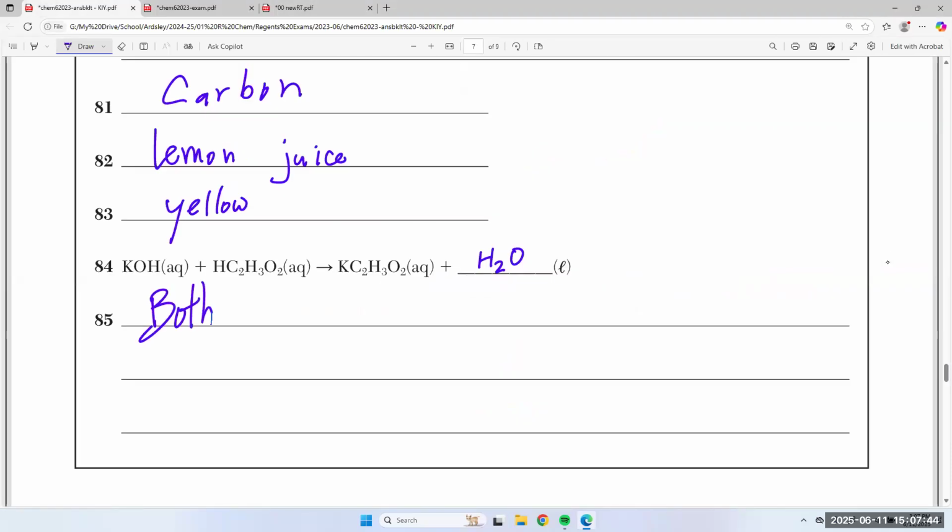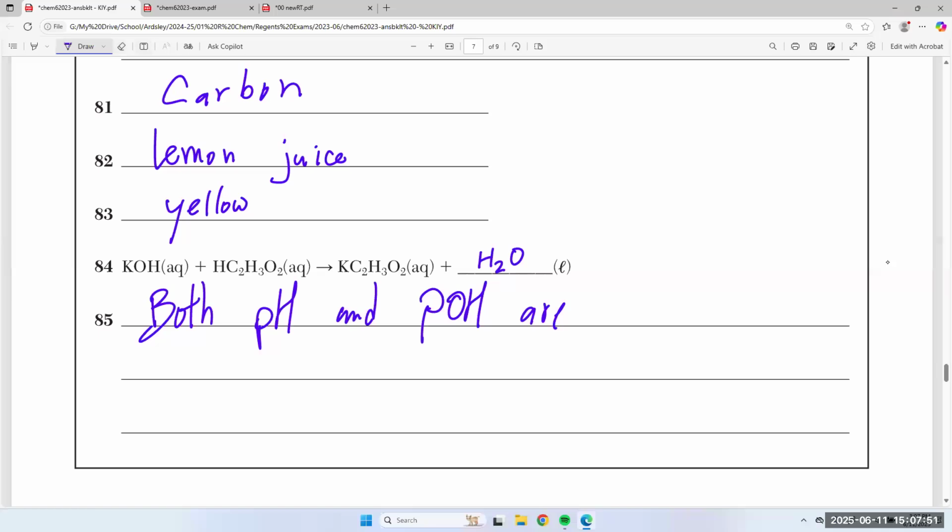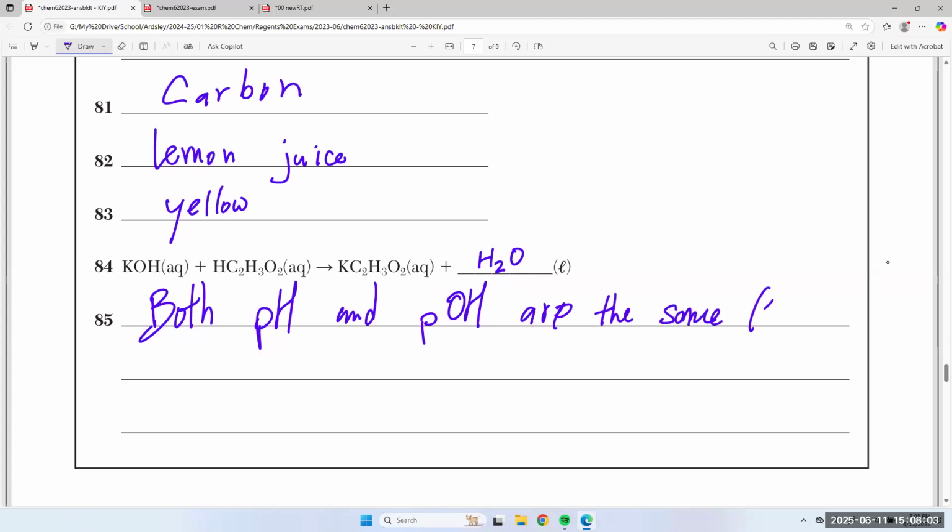Both pH and pOH are, oh, that's not how you write it. That's not a thing, Mr. Kim. I know, it's pOH. Are the same, 7.0. You can say they're both 7.0. You can write they're the same.